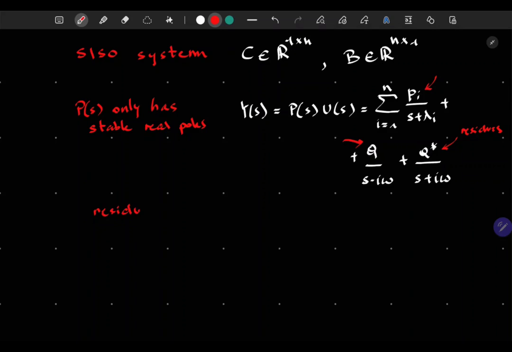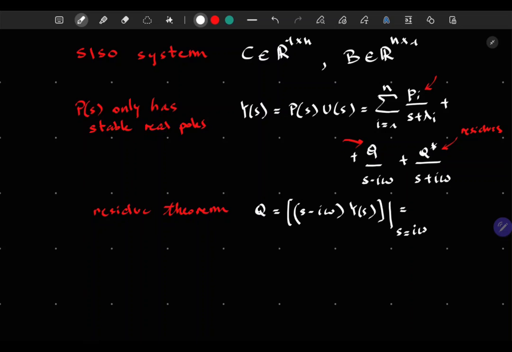So q, for example, is the residue of y of s in the pole s equals i omega. So we compute it as the product of s minus i omega, so s minus the pole, times y of s, evaluated in s equals i omega. And this is actually a limit for s that tends to i omega.